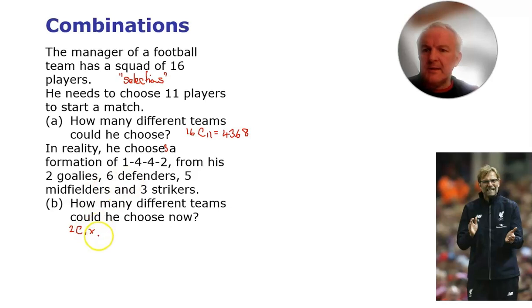From his defenders, he's got 6 defenders, he's got to choose 4 of them. I'm relying on a bit of knowledge of football here; I'm sure a real exam question will make it more obvious what 1-4-4-2 means. From his 5 midfielders, he's got to choose 4 of them. And lastly, from his strikers, of which there are 3, he's got to choose 2 of them.